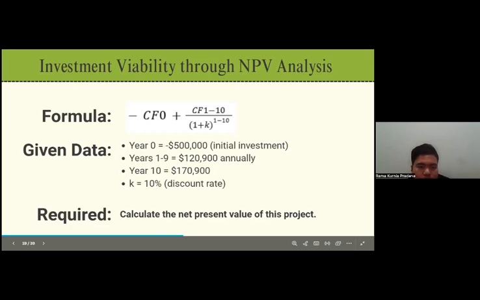From year 1 to 9, the annual cash flow is $120,900. In year 10, the terminal cash flow is $170,900. And the discount rate is 10%. Using this data and applying the NPV formula, we are required to calculate the total net present value of the project to decide whether it's a profitable investment.